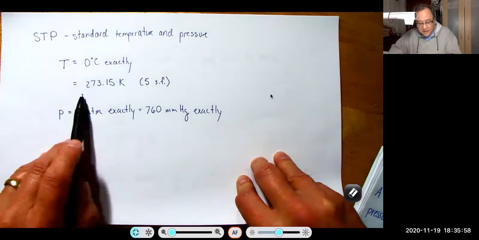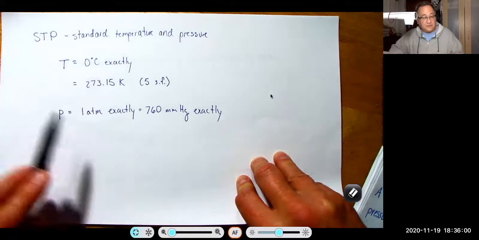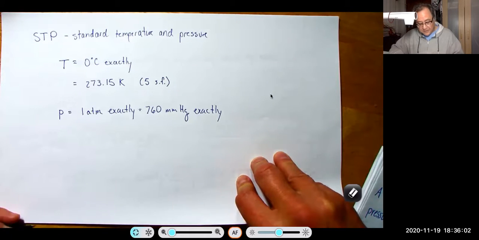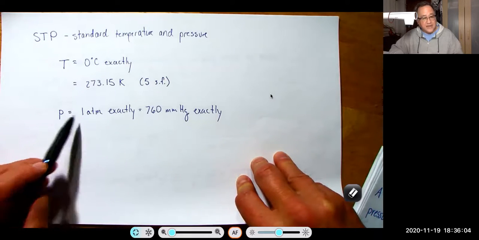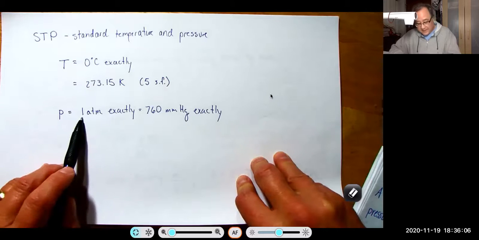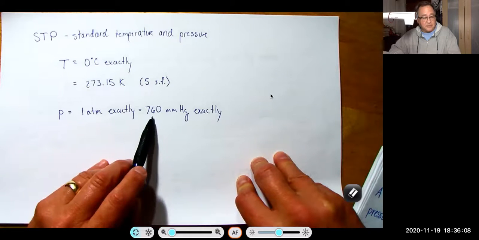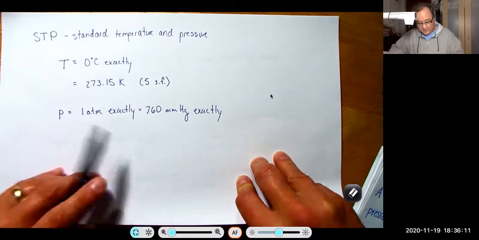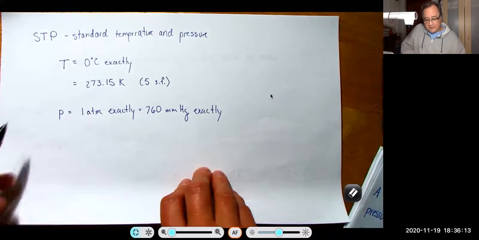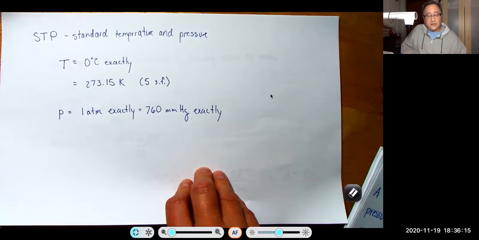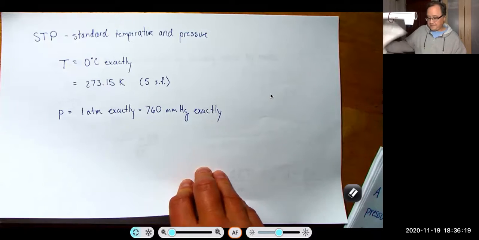So if we remember these 5 figures, then we do have 5 significant figures for the temperature. The pressure is defined as 1 atmosphere exactly, so infinite number of sig figs, and 760 millimeters of mercury, also exactly. So you want to put that into your data bank too. STP is 1 atmosphere and 0 Celsius.